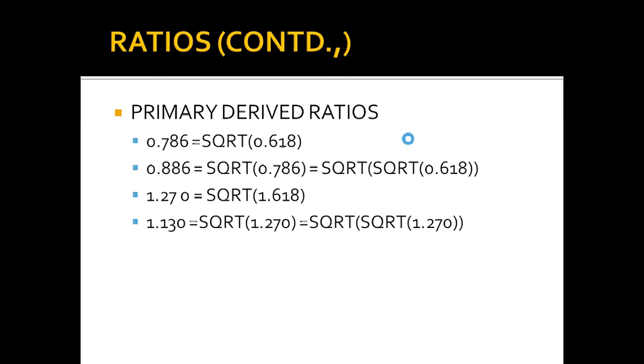And 1.27 is the square root of 1.618, and 1.13 is the square root of 1.27. These ratios are very important because if you read harmonic trading, ratios matter the most. We'll be discussing harmonic trading in the coming lectures.